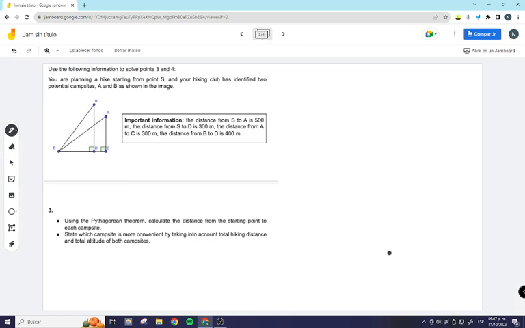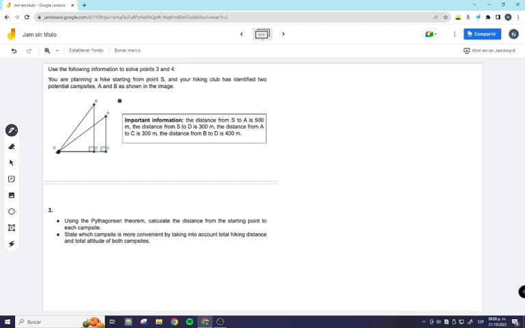Okay, about the word problem that you had to solve during your exam. We have some information. You are planning a hike starting from point S. So we begin here, and that's why it's really important to always read the information that is given to you and actually understand what you are being asked, not just check the numbers and the figures.